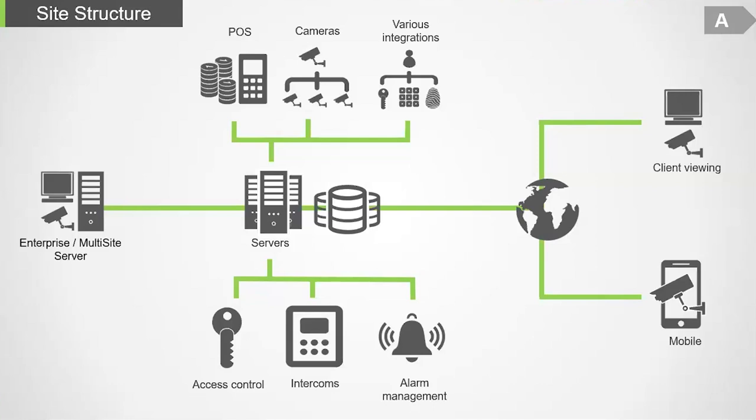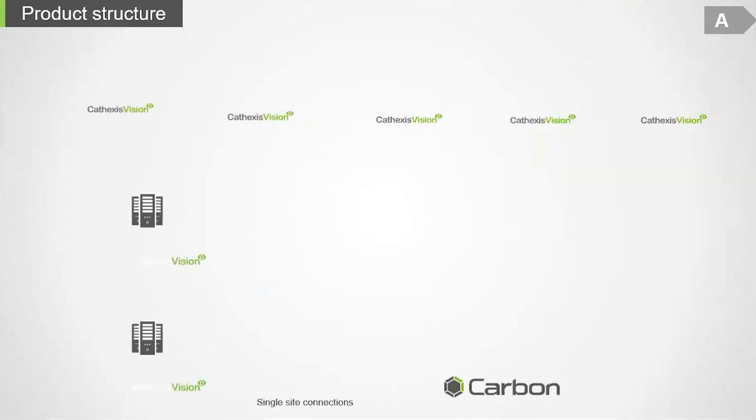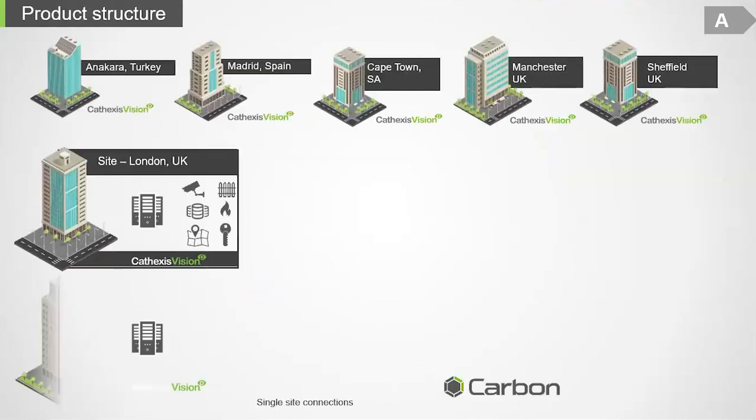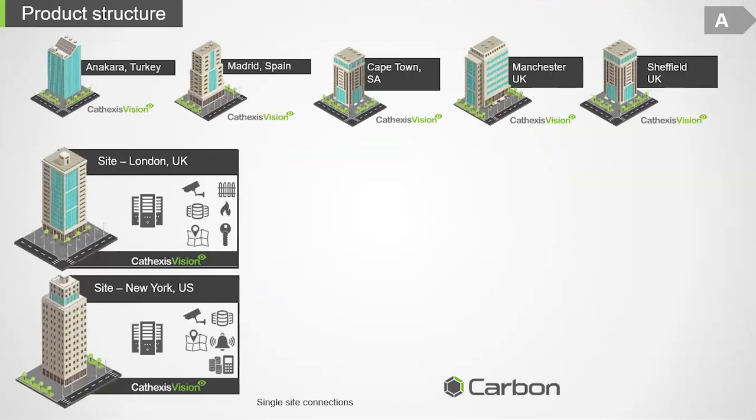So speaking of that, let us zoom out a little bit and let us take a look at what the other products are that make up CATHEXISVision. So we have the CATHEXISVision server that makes up your base structure, like how you see here for our site in London and New York. We have a server with all of the integrations and all of the other functions.